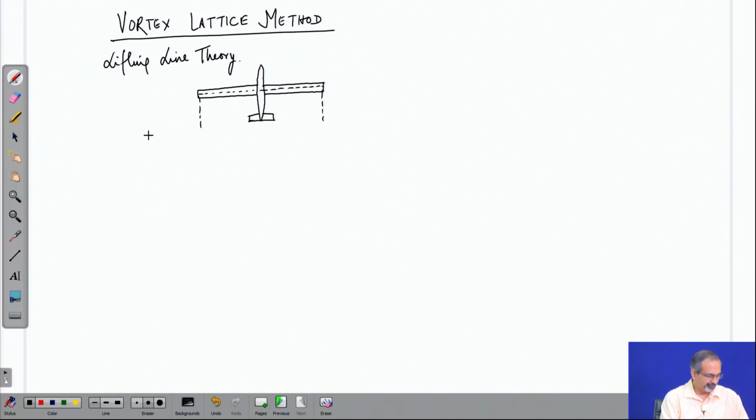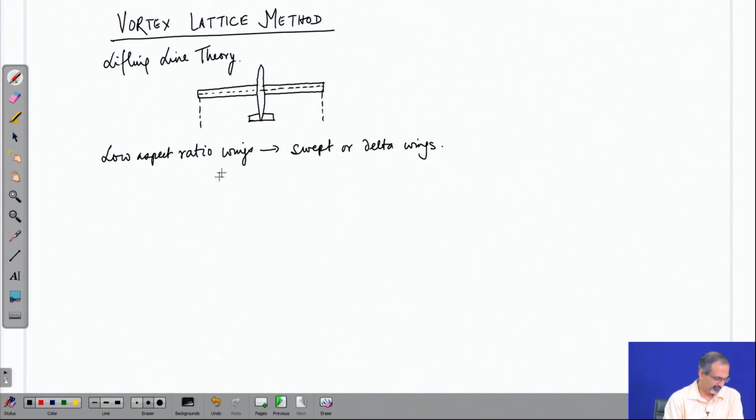However, if you have low aspect ratio wings, and which could also be swept or delta wings apart from straight tapered wings, it is a better idea to bring in a more advanced model, because the predictions improve that way, and the numerical technique which we deploy for solving such problems is what is called as vortex lattice method or vortex lattice technique.